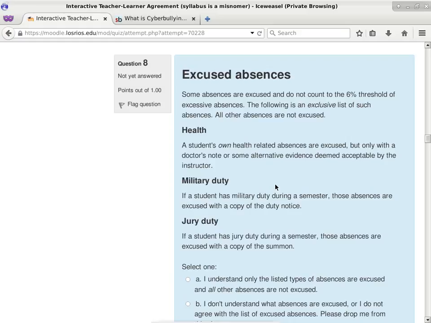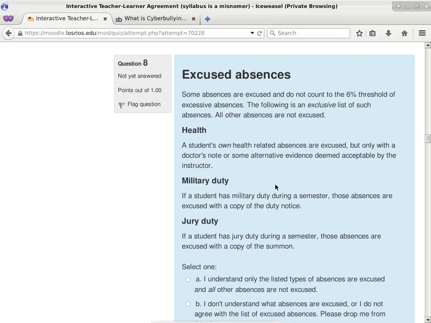Excused absences. Certain absences are excused. They're required to be excused for health reasons. If you have a sickness and you have to be absent, because you don't want to infect the whole class, or you're not fit to go to a class, you can get excused absences for that, but I will need to have a note from a doctor or the nurse office in order to have it excused.